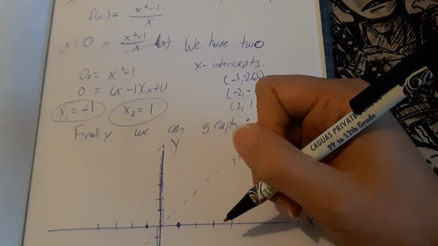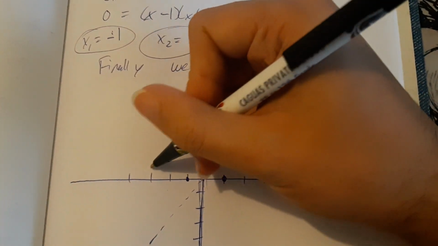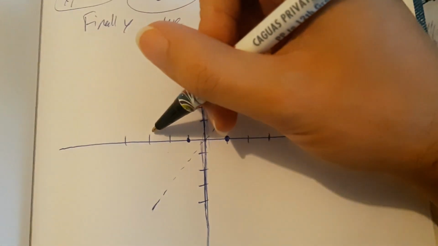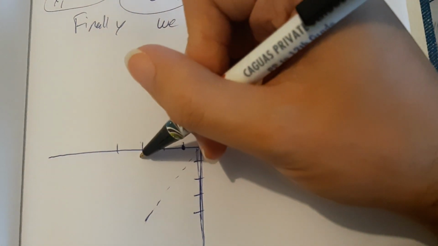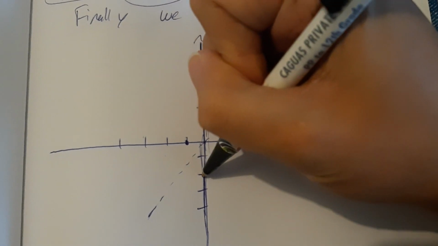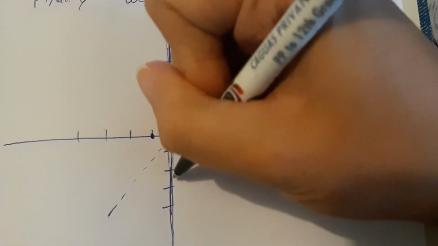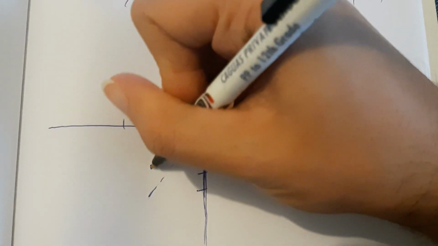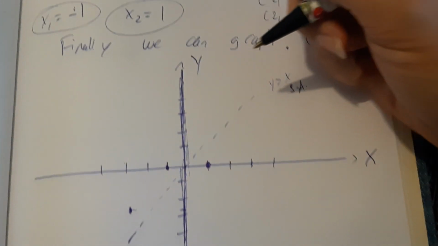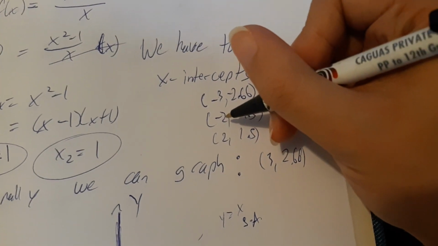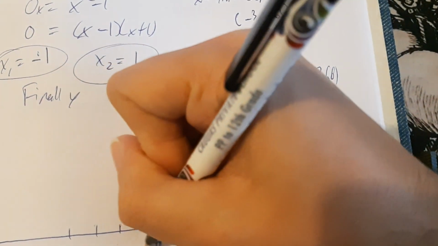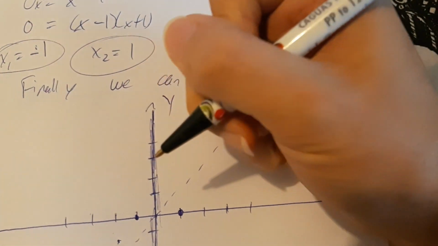And how do we graph that? Well, when x is -3, y is, as we have already said, -2.66. So x is -3, y we go 1, 2, and almost all the way to 3, so around here. Then we do it again for -2, -1.5.